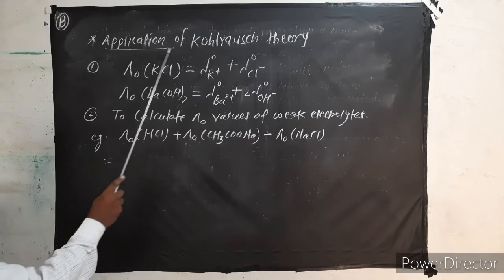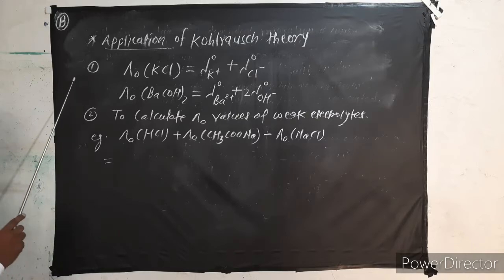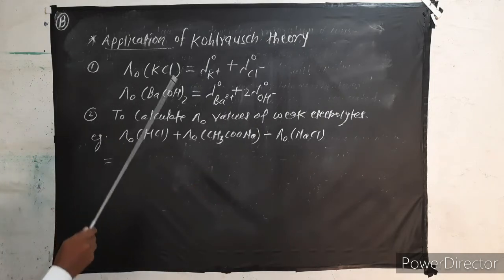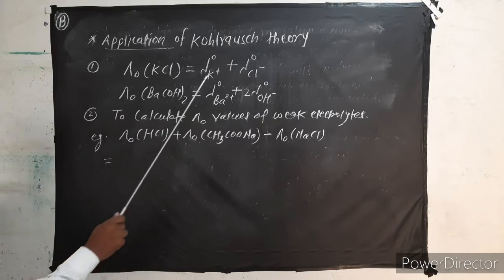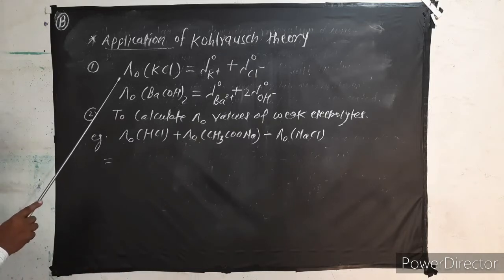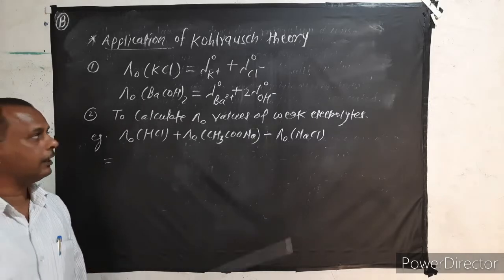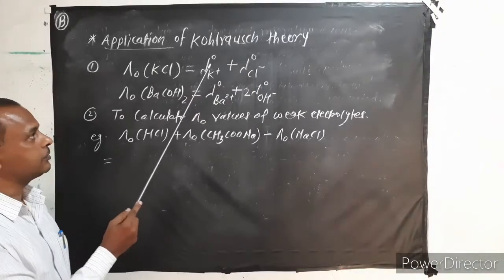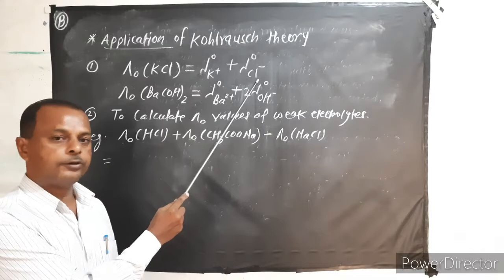Now we will see applications of the Kohlrausch law. This is the first. By using Kohlrausch law, we can calculate the molar conductivity of an electrolyte at zero concentration. For example, lambda 0 of potassium chloride KCl is equal to the molar conductivity at zero concentration of K plus plus that of the chloride ion Cl minus.